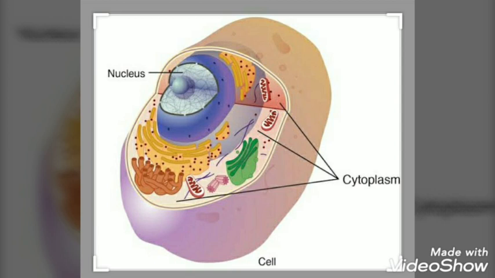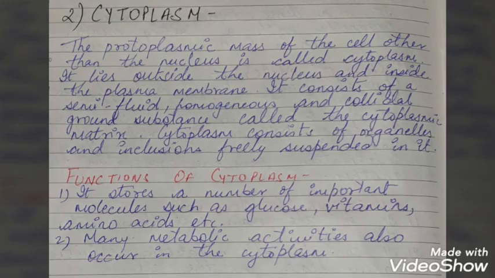Now it consists of a semi-fluid, homogeneous and colloidal ground substance called the cytoplasmic matrix. Now the cytoplasm consists of organelles and inclusions freely suspended in it. You will study about the organelles in the next video.